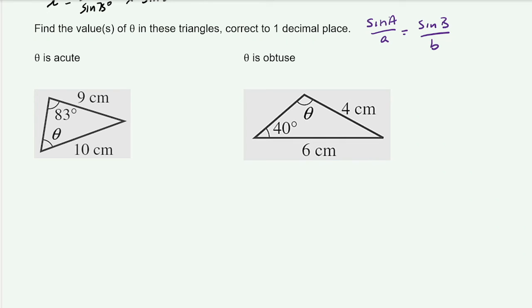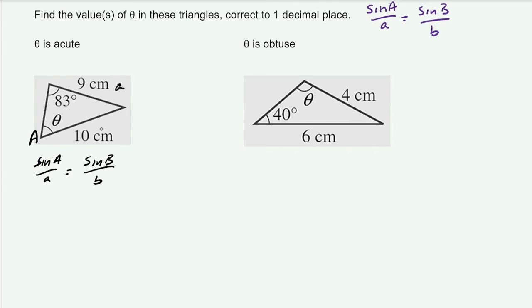Still works. Okay, so let's see it happen. Over here, we're going to go sine of A over A equals sine of B over B. I am going to make this A, and that makes that B, and this B.